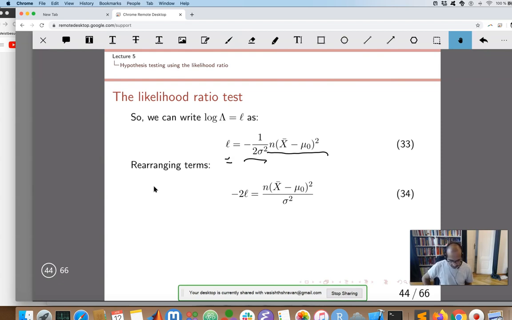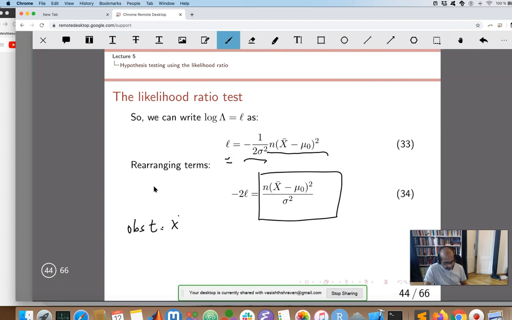Okay, so now given this expression, I can rearrange the terms by multiplying both sides by minus 2 times the log likelihood, and what I get is this very interesting looking term here, right? If you look at this carefully, this should actually remind you of the t-test. Remember that the t-test, when I wrote down the observed t value, it was x bar minus mu 0 over the standard error. But what is the standard error?